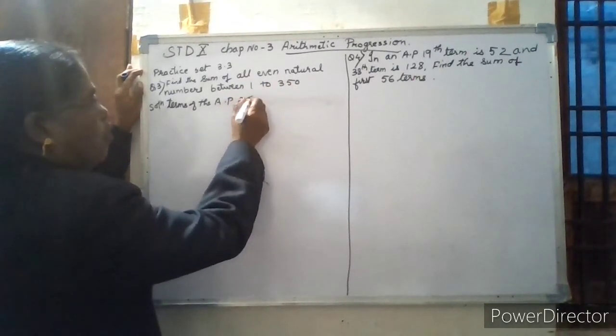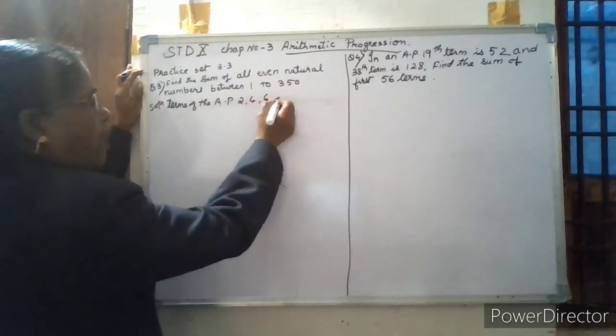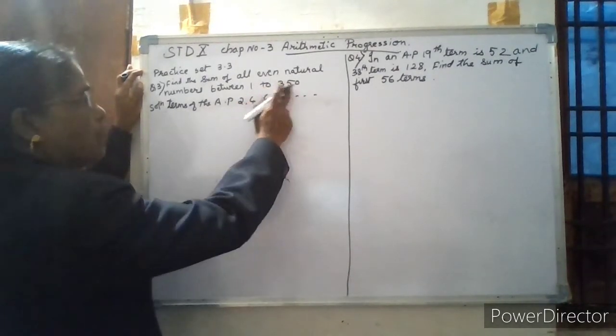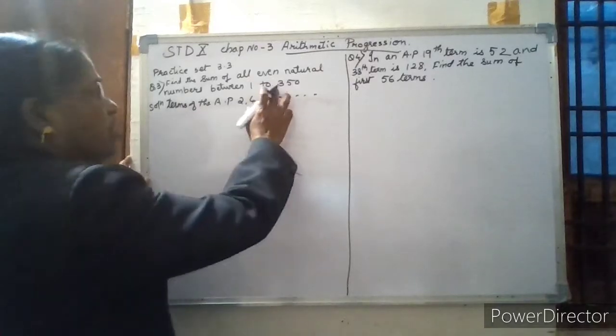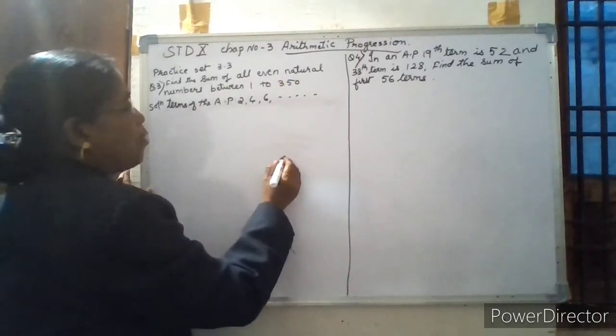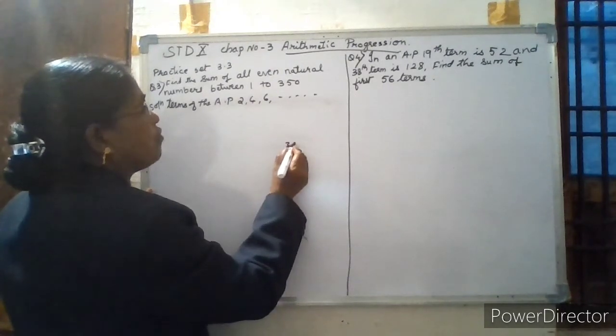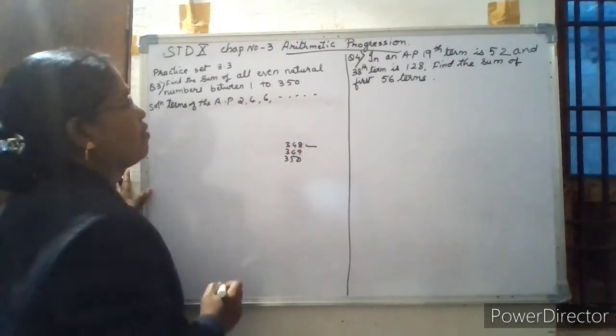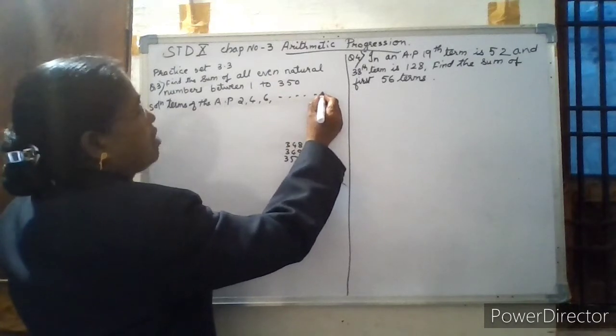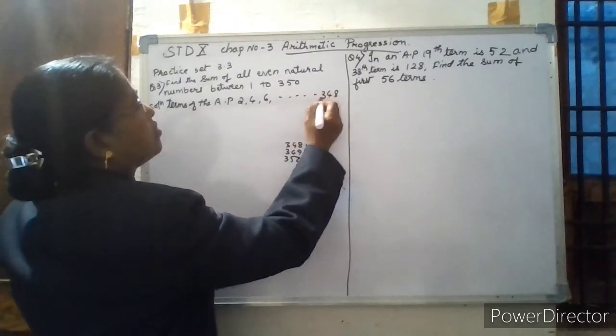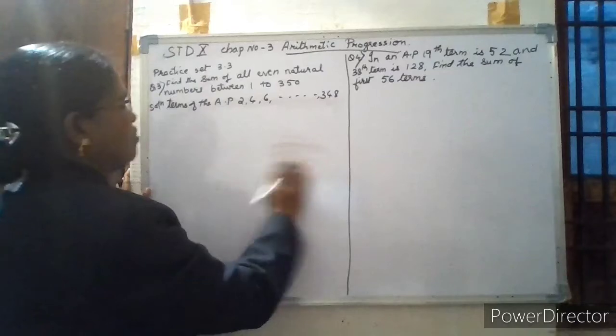So 2, 4, 6 and so on. But 350 we cannot take. 350 is an even number, but before 350 comes 349 and then 348. So this is an even number, so we have to take the last term as 348.